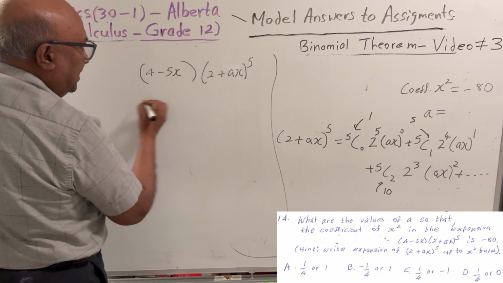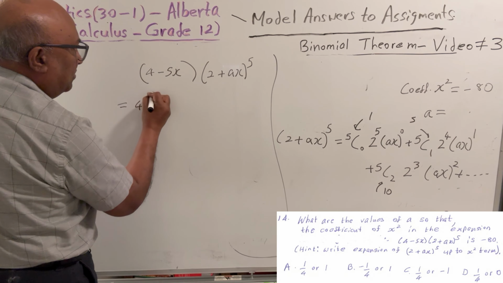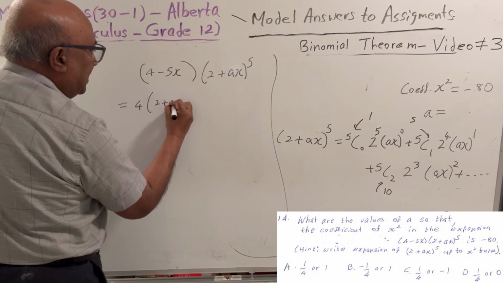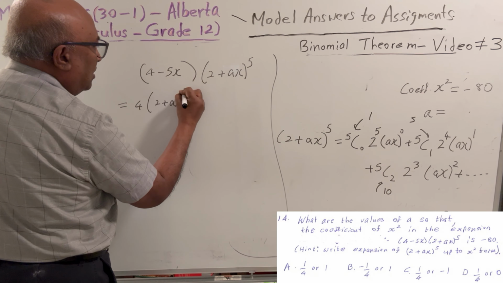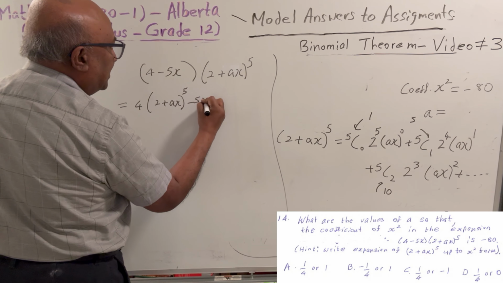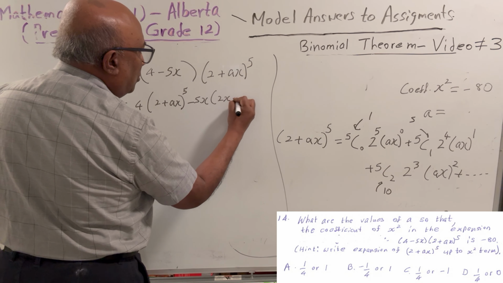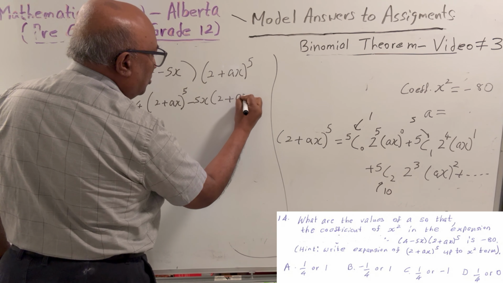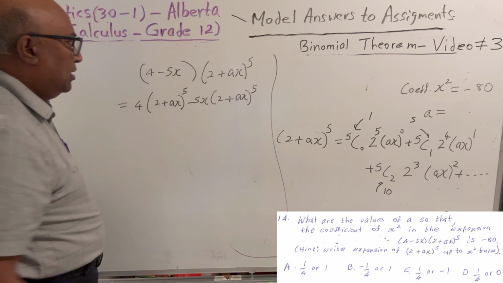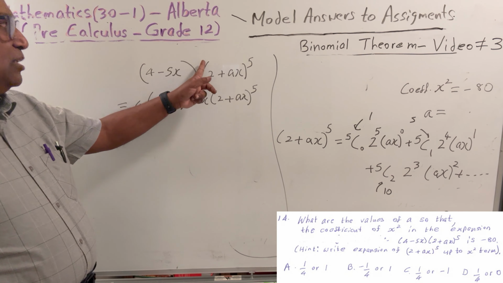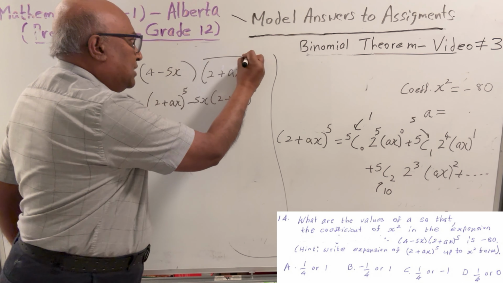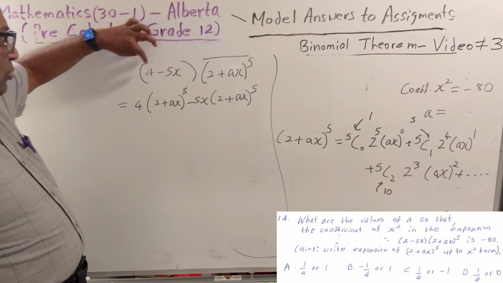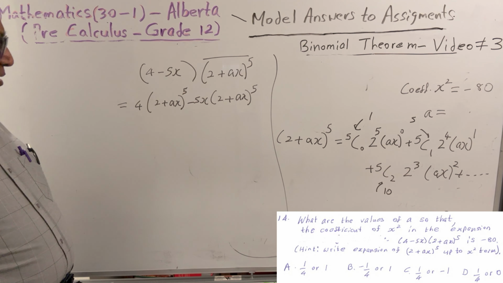You can simplify in this way. 4 times (2 plus ax) to the power 5 minus 5x times (2 plus ax) to the power 5. Because I used the distributive property, considering this as a single term. This times 4, this times minus 5x.